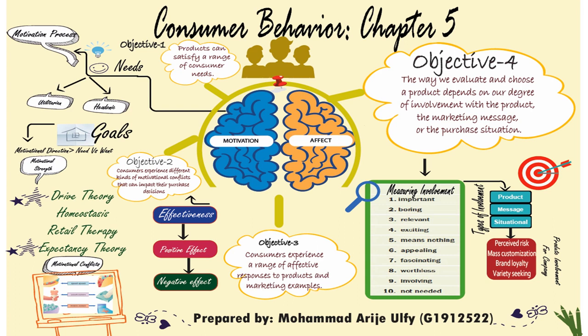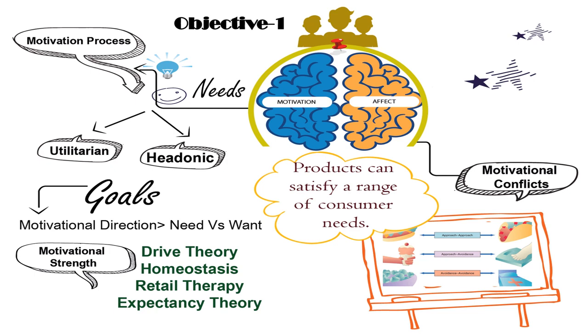So here is the mind map, and we are starting from learning objective 1. Products can satisfy a range of consumer needs. So the motivation process from the marketing perspective, as I said earlier, here is the clear picture.